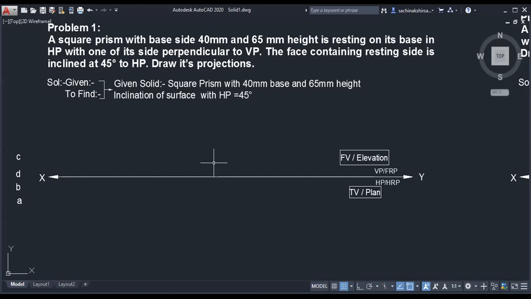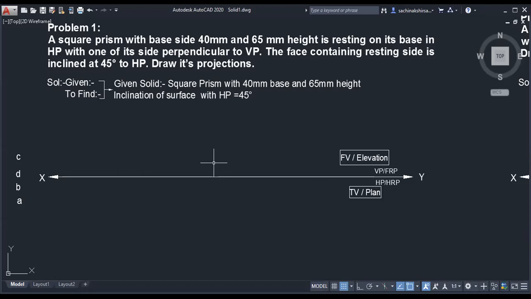So as in case of projection of plane, first we were observing which type of plane is given. Parallel to that, here also we have to see first which type of solid is given. Which solid is given in this problem statement? Square prism.